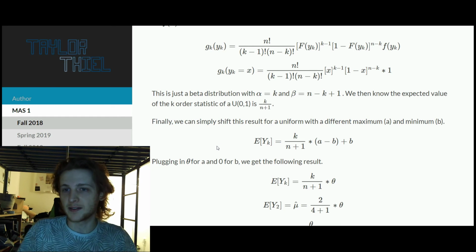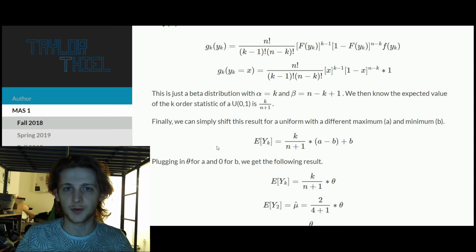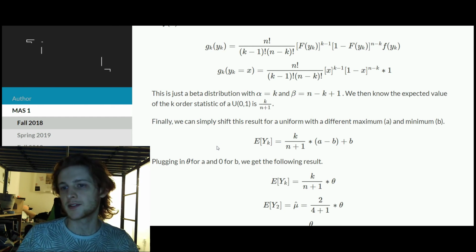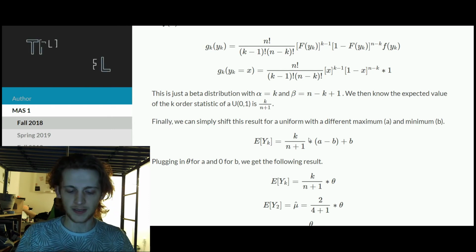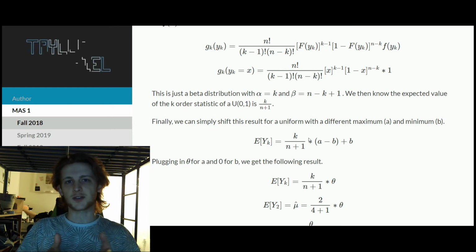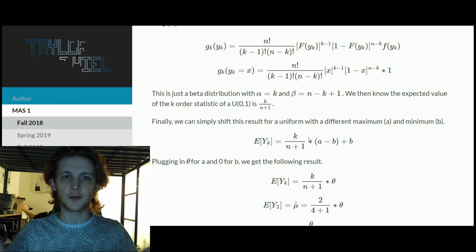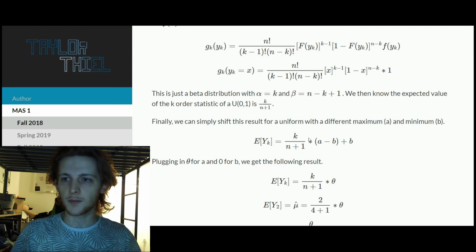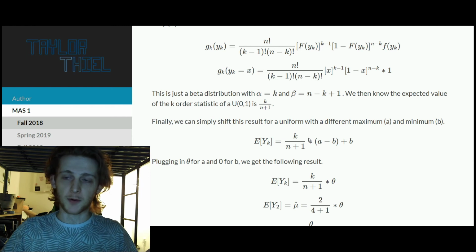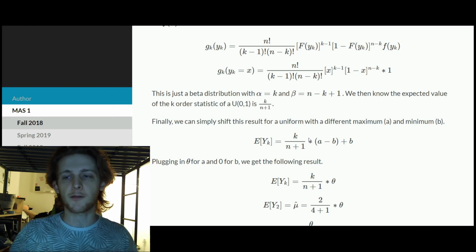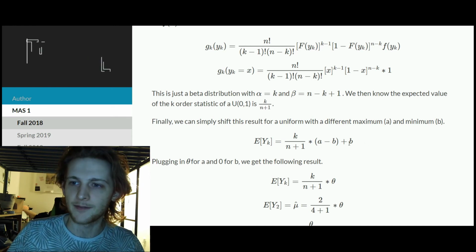What we can then do is take that and extrapolate to a more general form for the uniform. All you need to do is take those expected spacings over the width of the uniform, stretch them for the corresponding width, and then shift them based on location. That's what I have written down here.